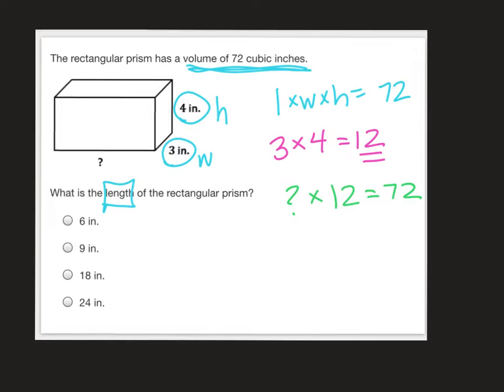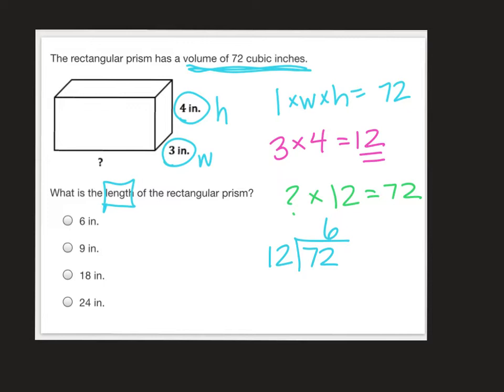So I can either look at the answer choices that I have, or I can just ask myself, I can divide. The opposite of multiplication, or the inverse of multiplication, is division. So I could say what number times 12 will give me 72 and try all these choices. Or I can also just say, okay, well, 72 divided by 12, what number could I use?